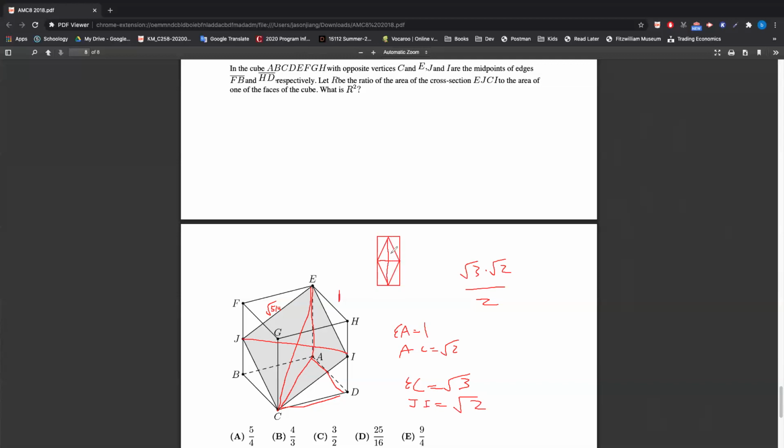So multiplying the diagonals, I get the area of the rectangle. And because each of these triangles is the same as the one flipped from it, this one is the same as this one, this is this, and this is this. So basically, the rhombus is therefore half of the rectangle, right? So we have to divide by 2. Okay. So the area of the rhombus is √6/2.